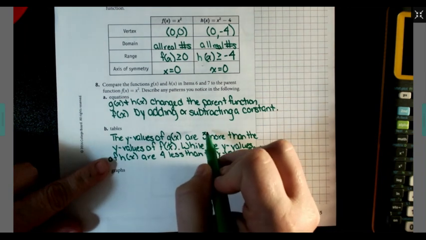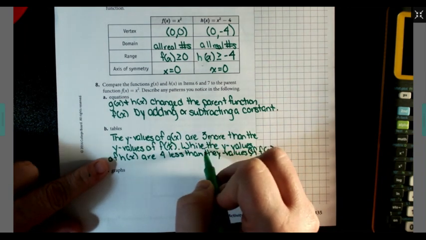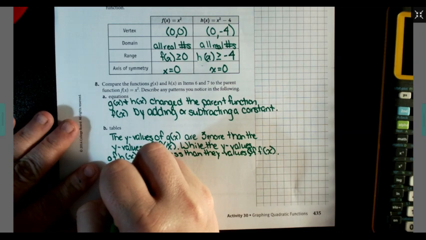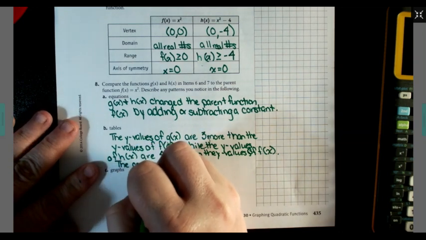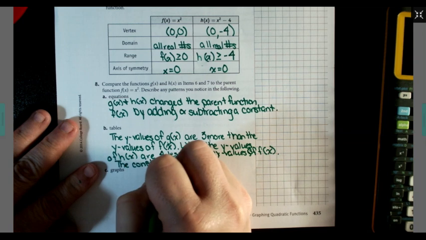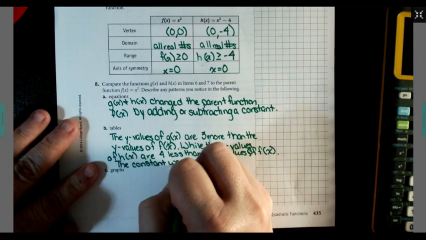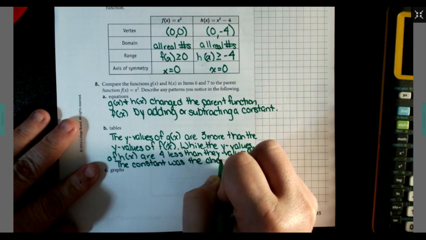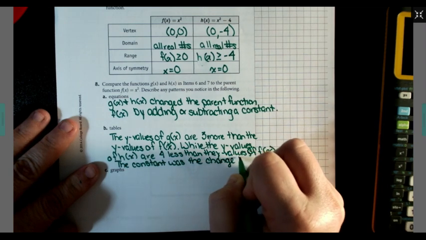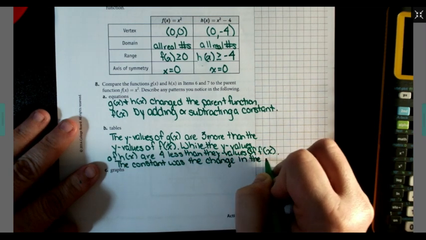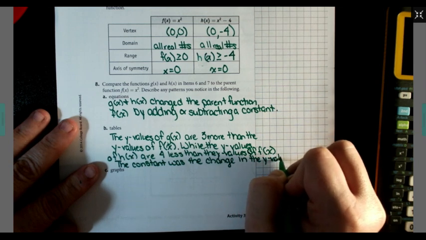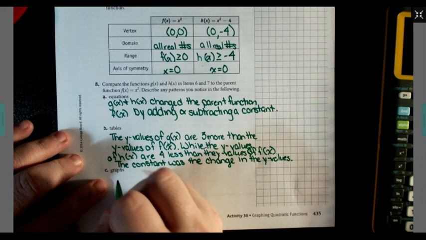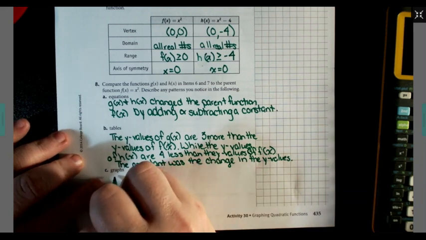Those are the same as these two changes. So the constant was the change in the y values.